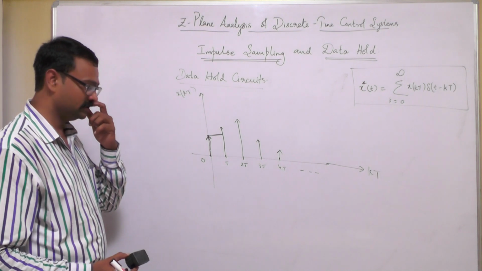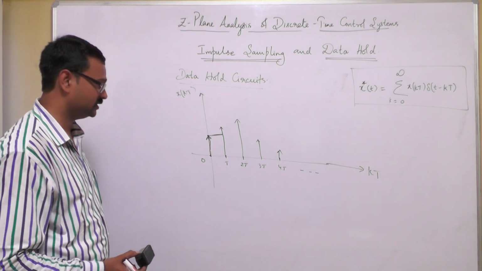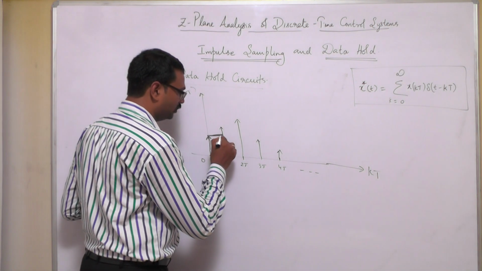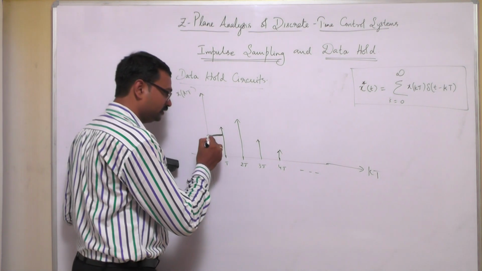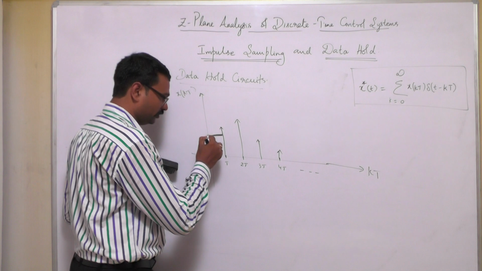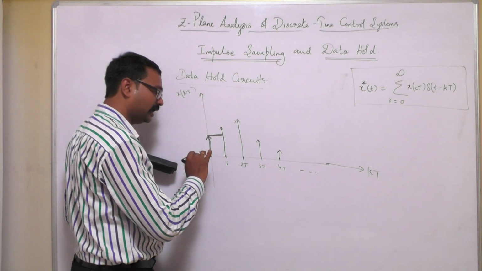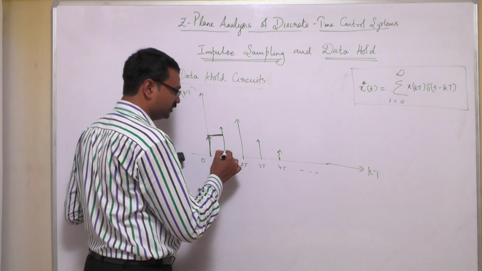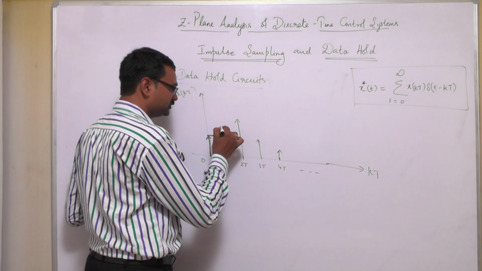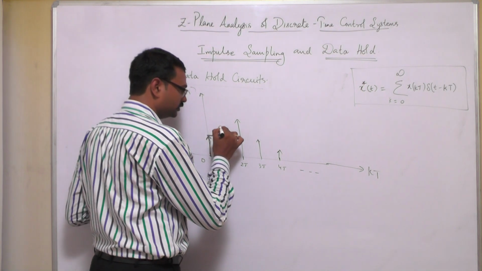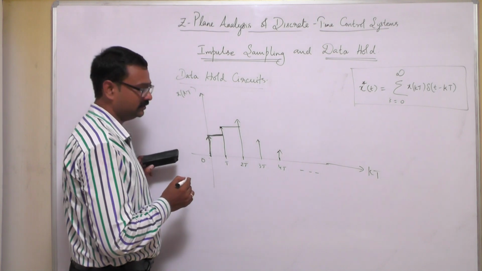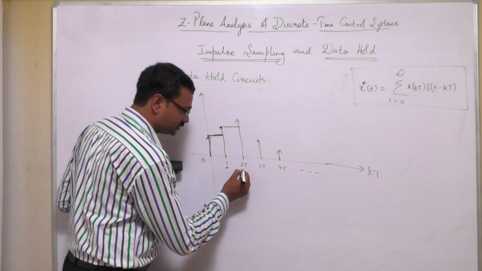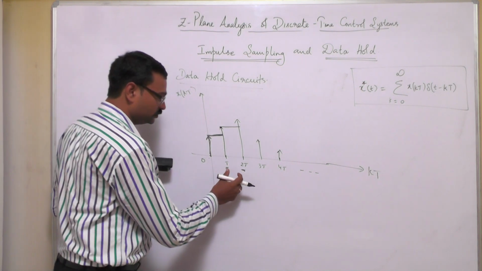A circuit diagram is given to us, and there we will be using a very high quality capacitor which is having a very low leakage coefficient. Therefore it can hold the value of the signal at this instant until the next instant. Similarly, at this instant, what is the value of this magnitude? That is held until this point. So this value can be held by the circuit until the next instant. That is, you are working on two instants at a time, T and 2T, or 2T and 3T.